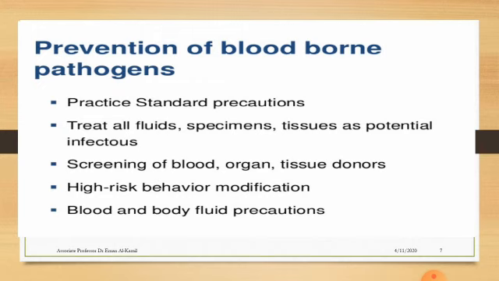It is also important to modify the behavior of people such as drug addicts. We mentioned previously that one source of infection is the use of intravenous drugs or drug abuse, especially if they use the same syringes, and this will cause the transmission of the infection to other people.